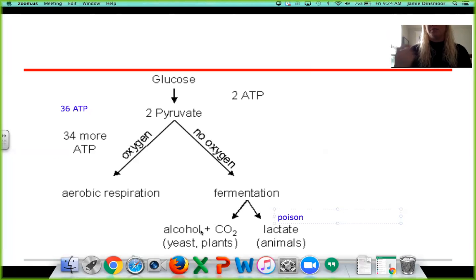Alcoholic products, beer, wine, kombucha, right? And also this process can be used to make bread. Yeast will actually help bread rise when they are deprived of oxygen. So we use these processes to make cheese as well.